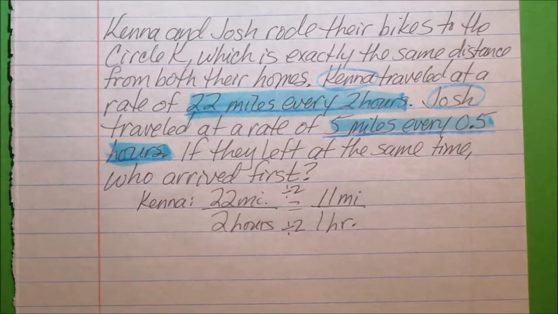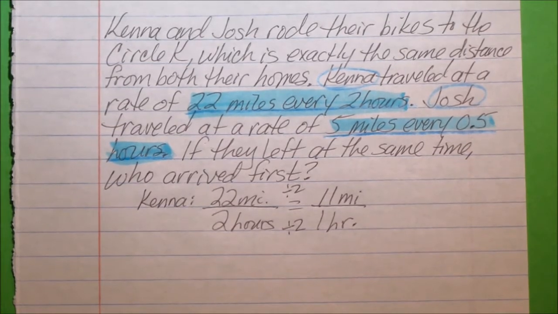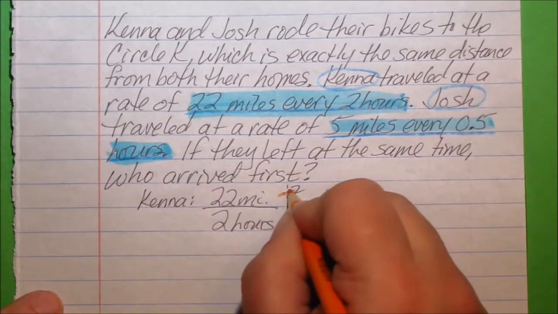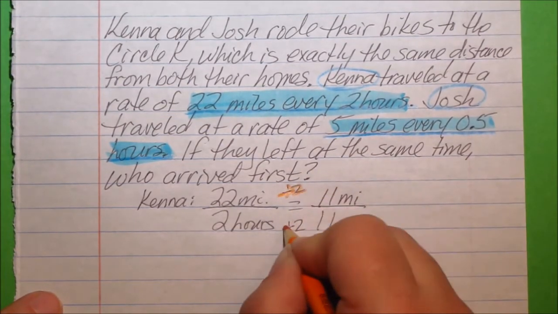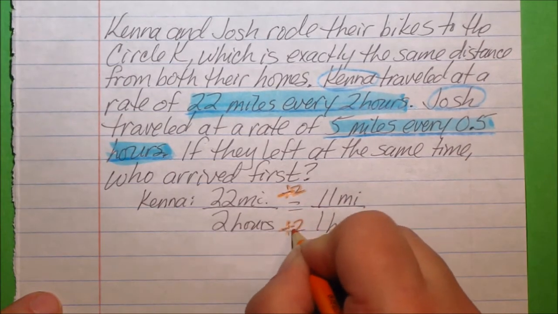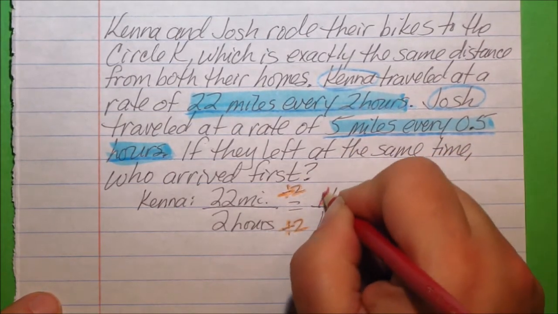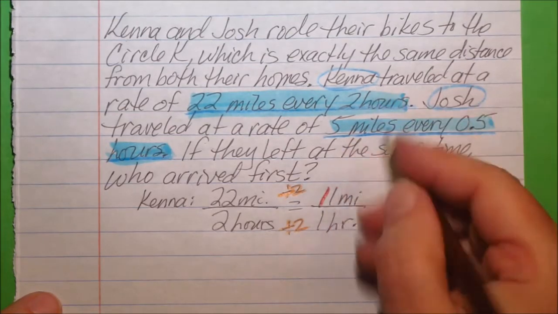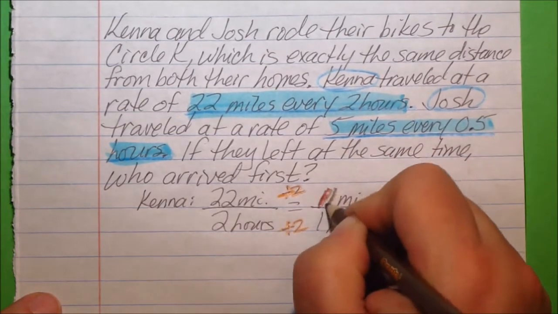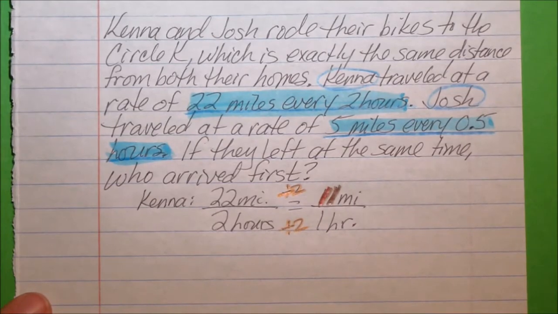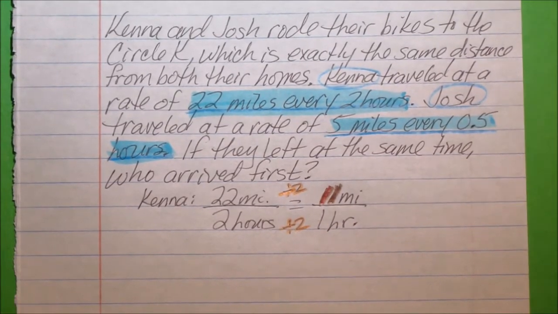All right? That's how far that was Kenna's. Let's do this. Make it stand out a little more. And then 11 miles. Whoops, I didn't mean that one. This one. 11 miles. All right, so that's Kenna's rate.